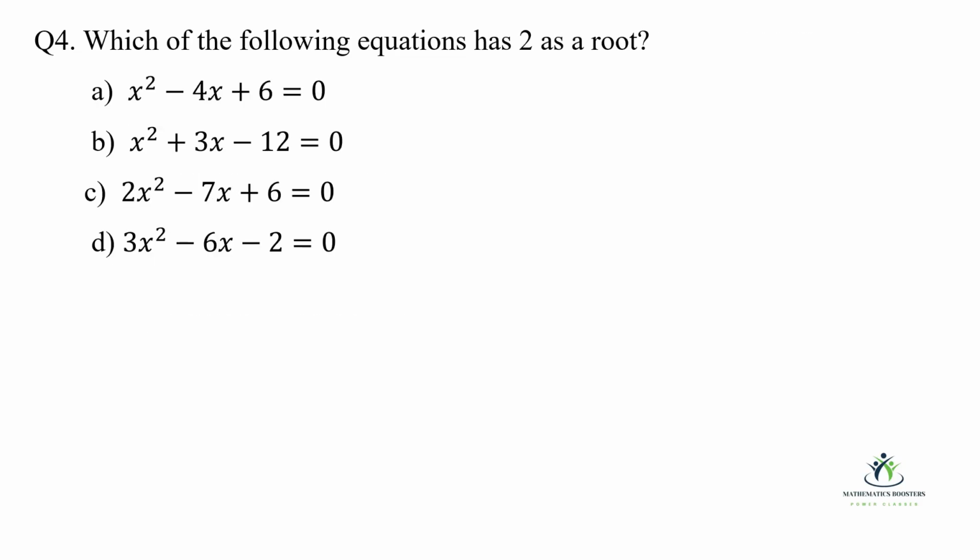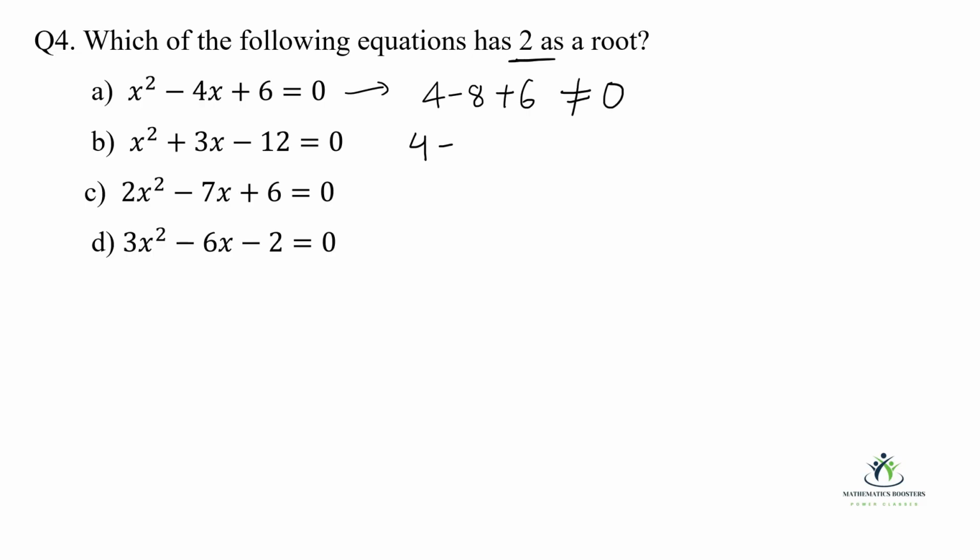Which of the following equation has 2 as a root? Root means if you substitute the value, that will give 0 as a result. So this you can do it mentally. If I substitute here 2 raised to the power 4 minus 4 into 2, 8 plus 6, this is not giving 0.